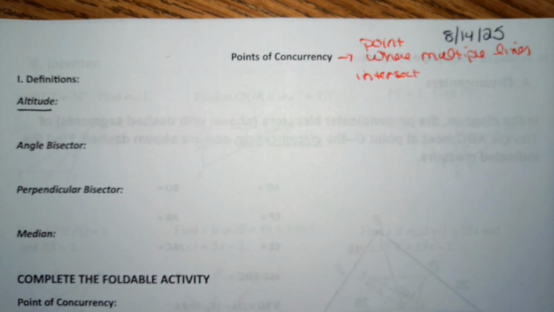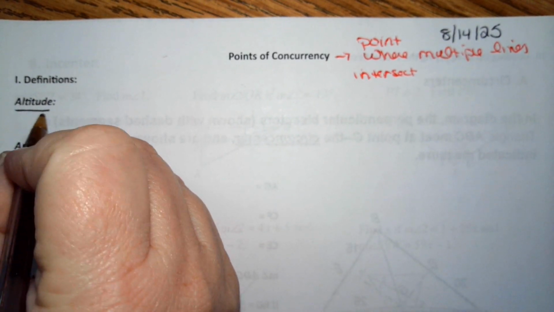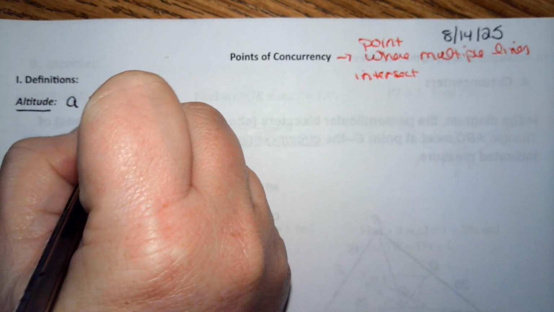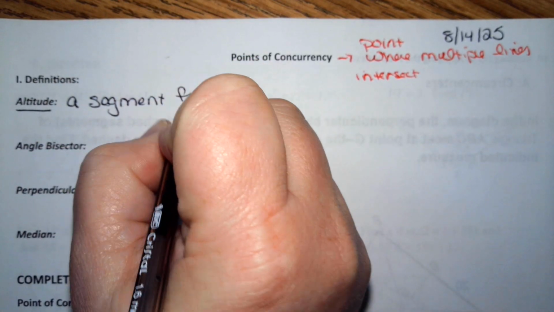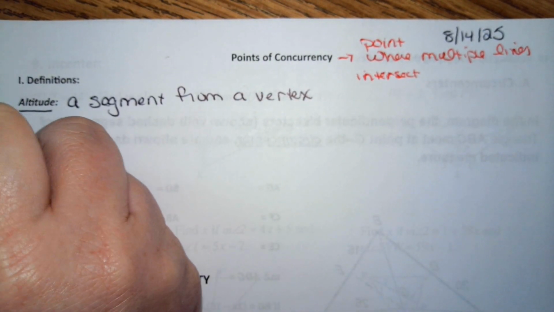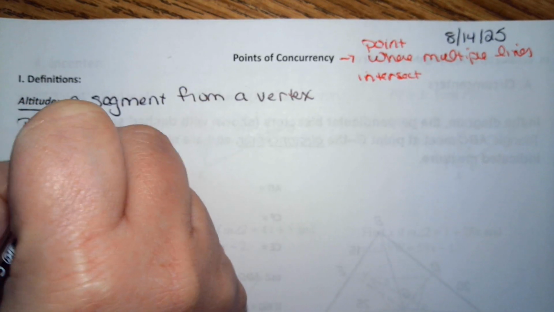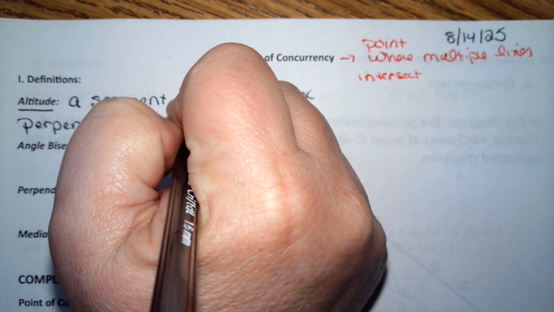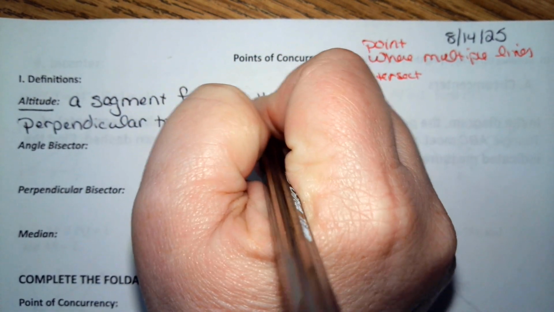Okay, so an altitude. When we talk about an altitude, a lot of times you probably hear about the altitude of a plane. What's altitude talking about when it's talking about the altitude of a plane? The height. Okay, so an altitude in a triangle is a segment from a vertex perpendicular, and recall that perpendicular means intersects to form a right angle, to the opposite side.